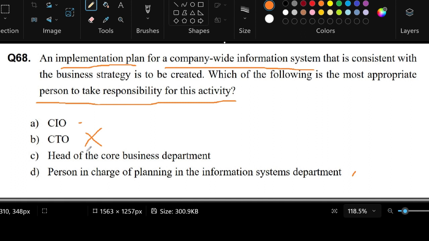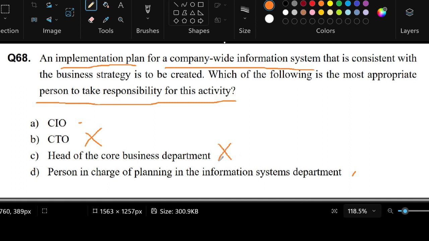And for letter C, it's saying that we get the head of the core business department to be responsible for this implementation plan. But again, we're doing something company-wide, but not necessarily something that we sell to a customer outside the company. So I think the choice letter C is also incorrect.